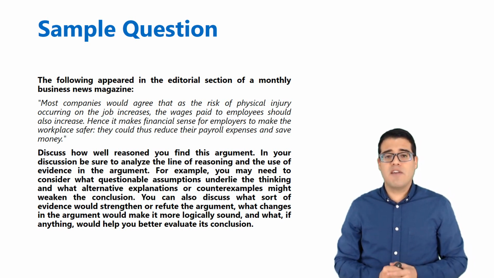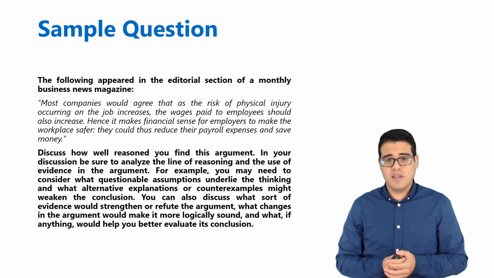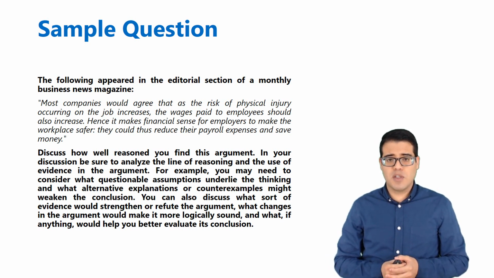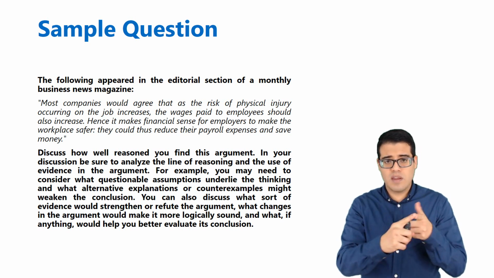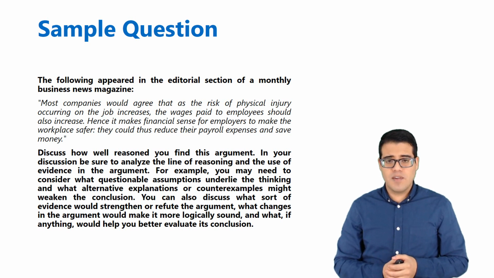As you can see, this is very similar to a critical reasoning argument. And in this section, we'll put together some very important lessons that we learned in critical reasoning, especially assumptions, weaken, support, and flaw. So as you can see below, you have the instructions. It says, discuss how persuasive you find this argument.